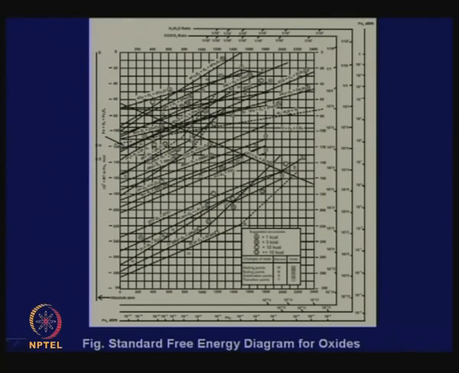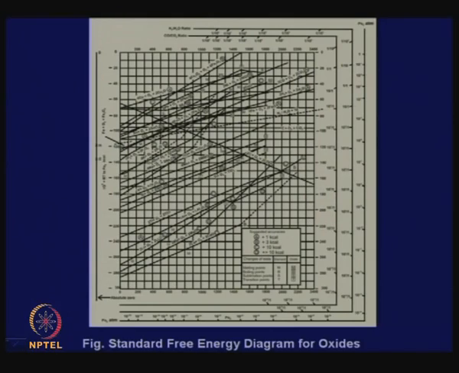So, if we reduce an oxide by carbon monoxide, then chances are that somewhere or other it will get reduced.